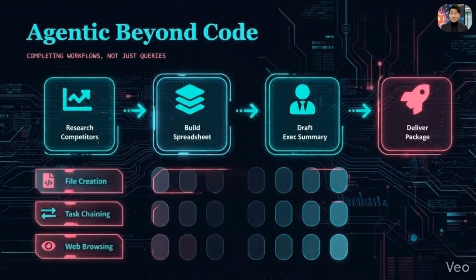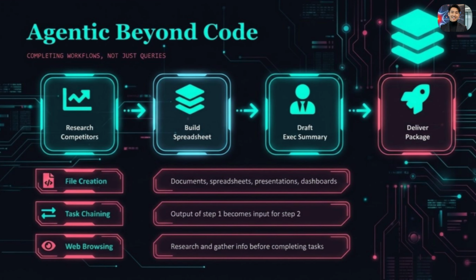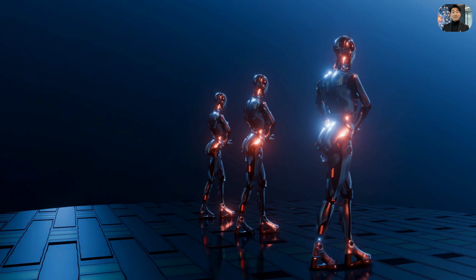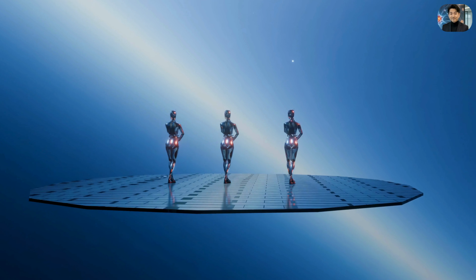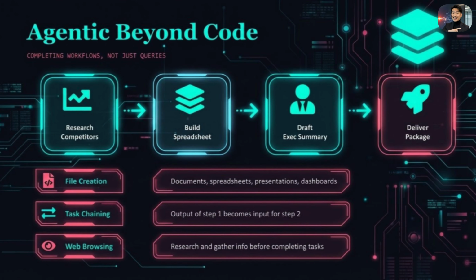Let us talk about agentic capabilities beyond code. Inside the Claude interface itself, Claude can perform agentic tasks through its computer use features. It can create and manipulate files, generate documents, build spreadsheets, produce presentations, and even browse the web to gather information before completing a task.